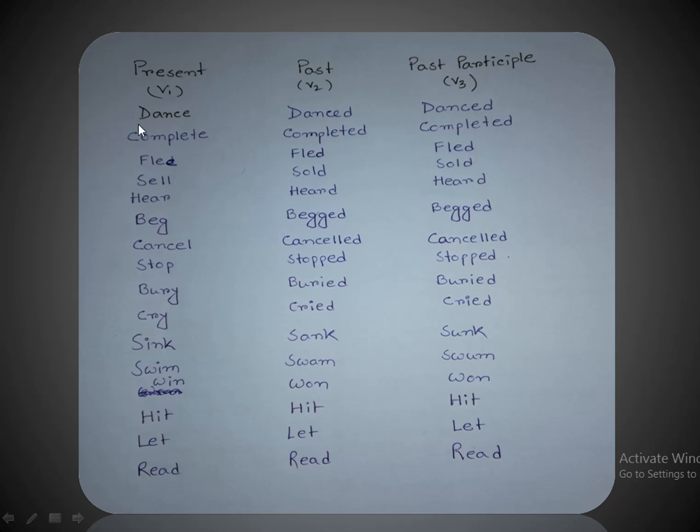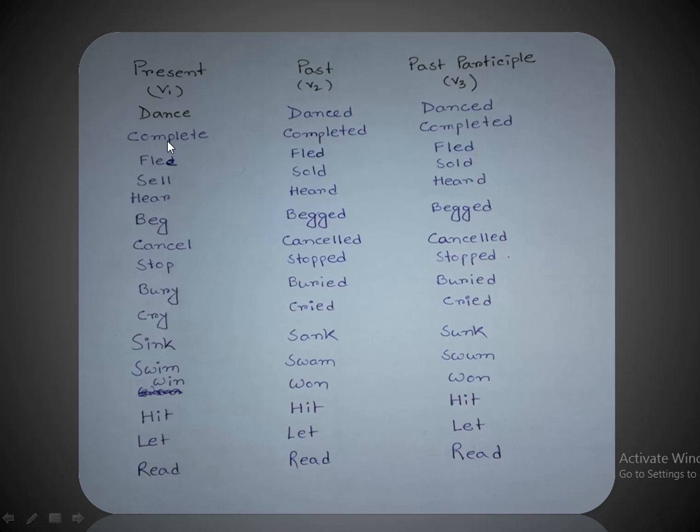See, most of the verbs are changed to past or past participle just by adding d or ed to the end of the word. In the first, see, dance, this is the present form V1. So the past form of dance is danced, and past participle is also danced. See, just there added d and it's changed its form.